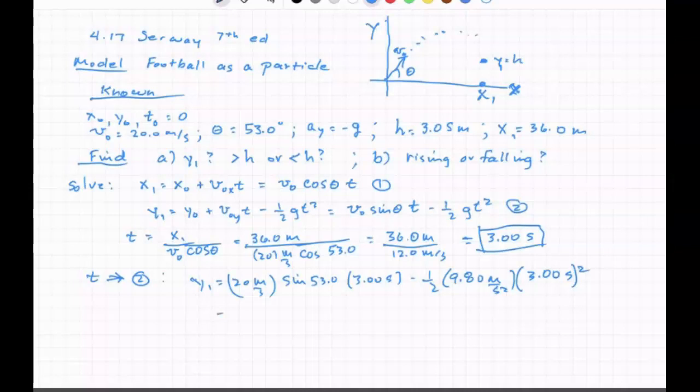All right, let's calculate these two terms. When I evaluate 20 times the sine of 53 degrees, I get a v sub y of 16.0 meters per second, times 3 seconds.